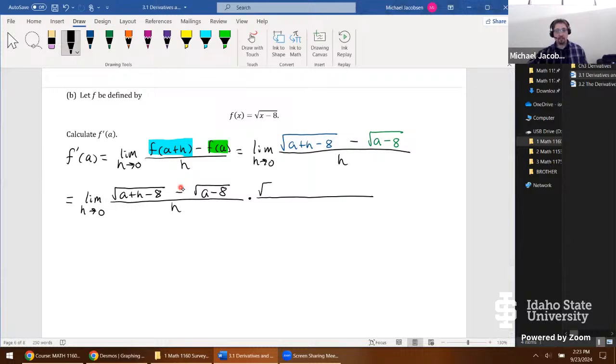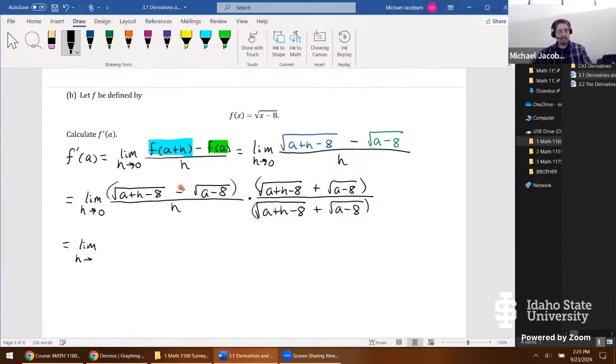So now it's root a plus h minus 8 plus root a minus 8. Same thing in the denominator. Because this is now going to involve some expanding, I like to usually put parentheses around these, just to help visualize what it should do algebraically next.